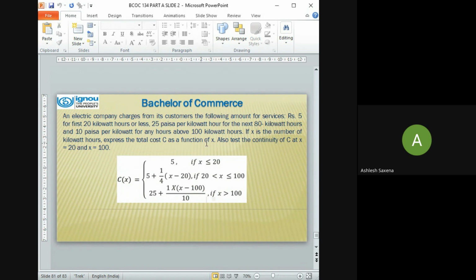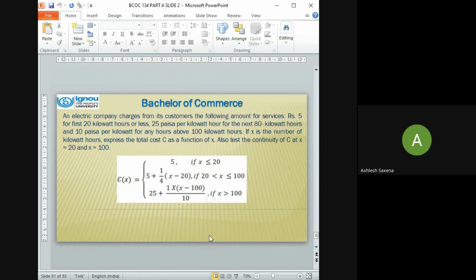Now the third part says 10 paisa per kilowatt hour for any hours above 100 hours. You have already utilized the earlier part, so it is 10 paisa, 1 by 10, times the number of units minus 100, because this is the condition for x greater than 100.